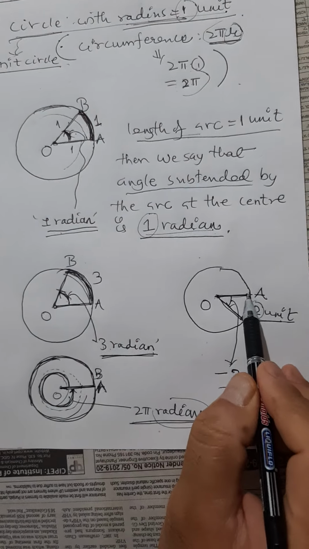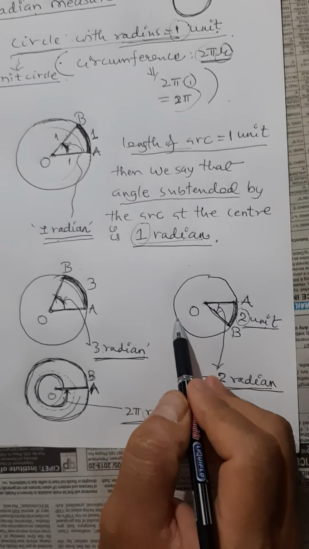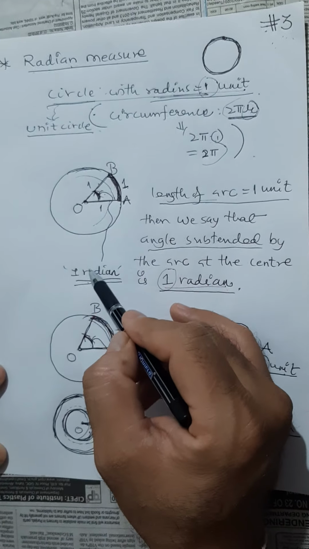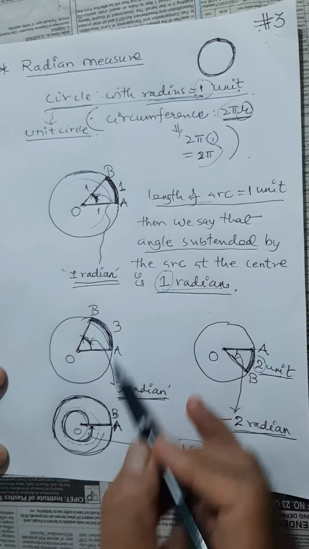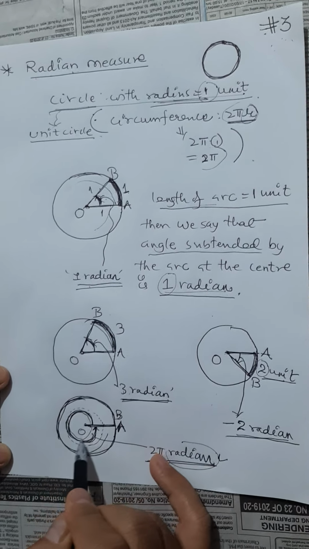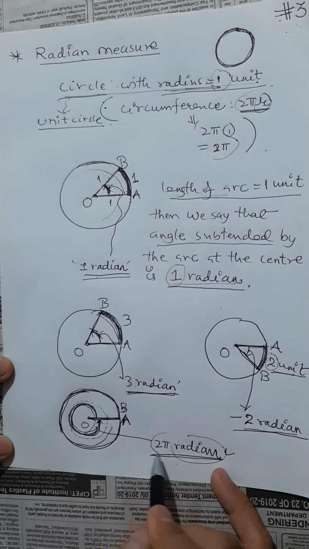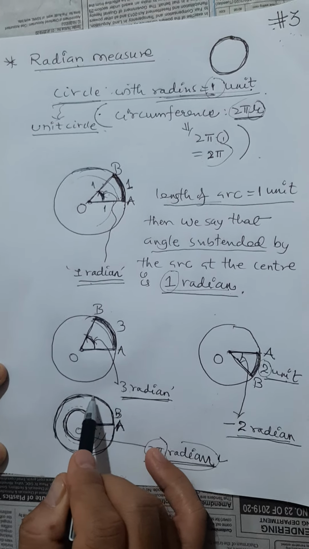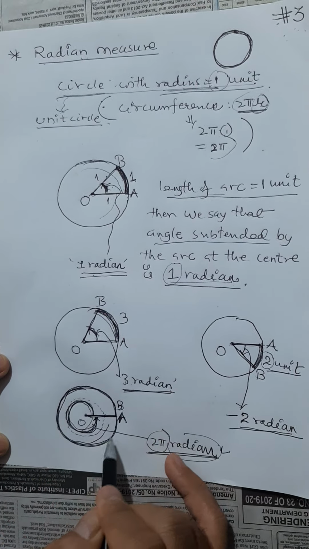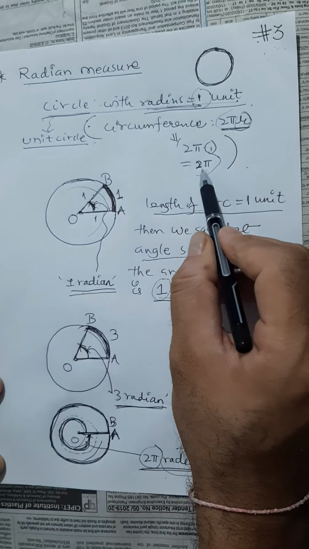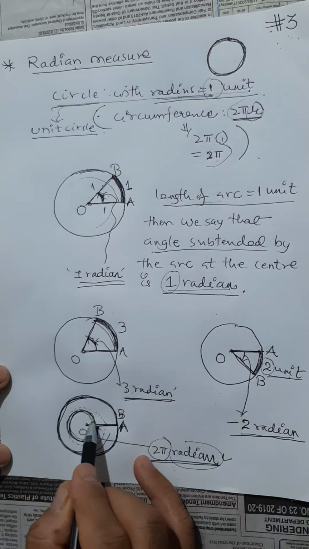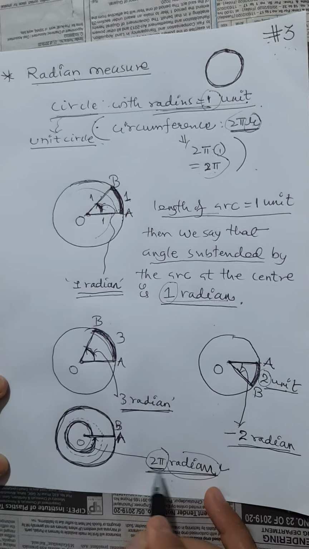Why is this minus 2? Because this arc length is 2, but here you are going in clockwise direction. Why was this 1 radian? Because this arc length was 1. So when I take one complete rotation, why is this 2 pi radian? Because the total arc length of one revolution, you know, is the circumference, 2 pi. So we can say that this angle is nothing but 2 pi radian.